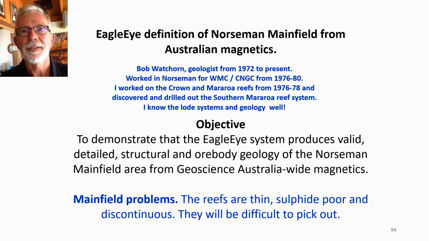The Mainfield reefs have got lots of problems for magnetics, and as far as I know, nobody's ever been able to crack it. The reefs are thin, sulfide poor, and discontinuous. We couldn't even follow them underground, and they will be difficult to pick out.